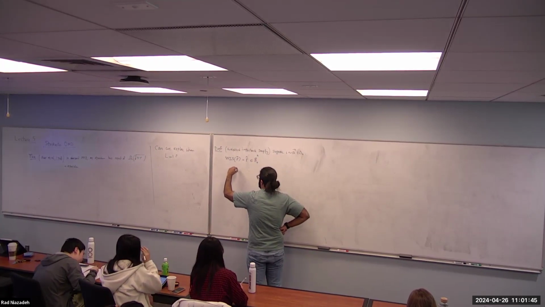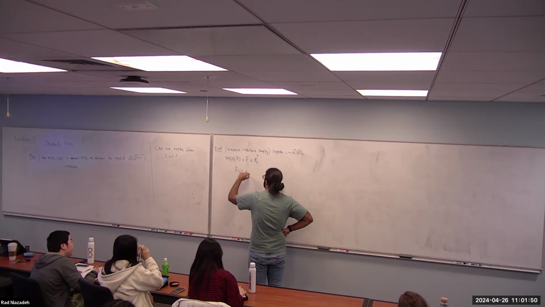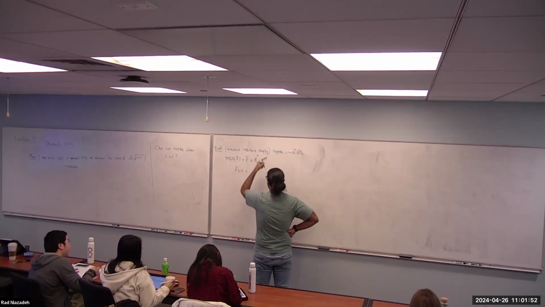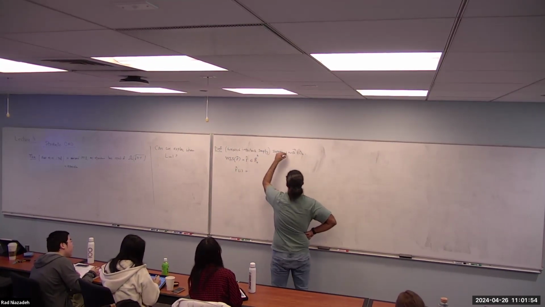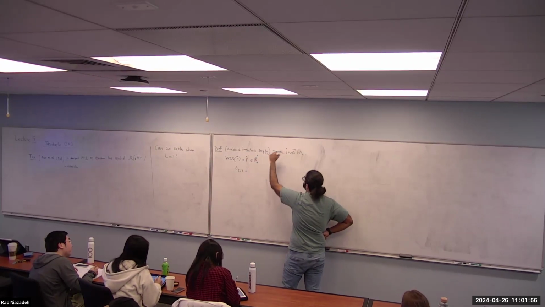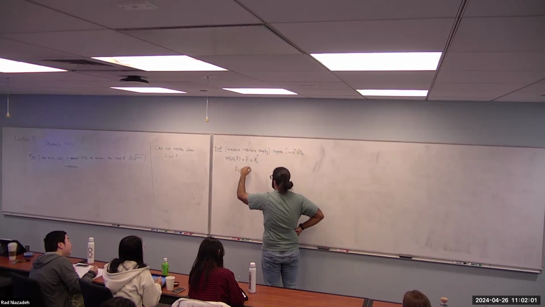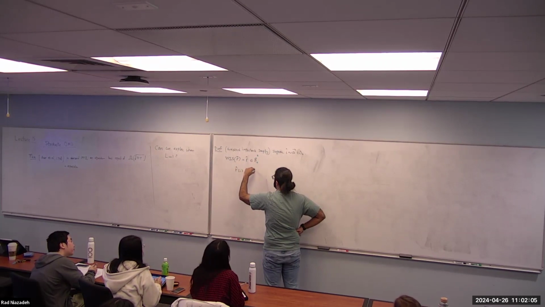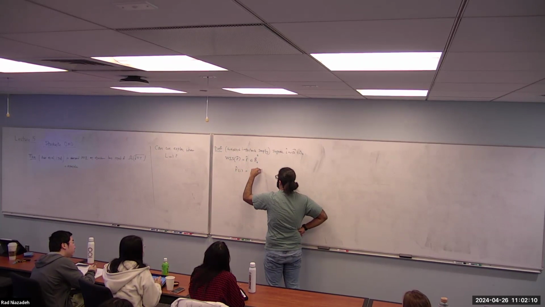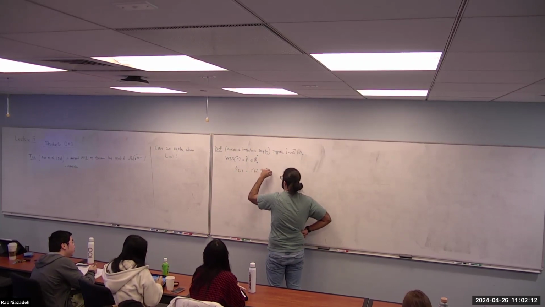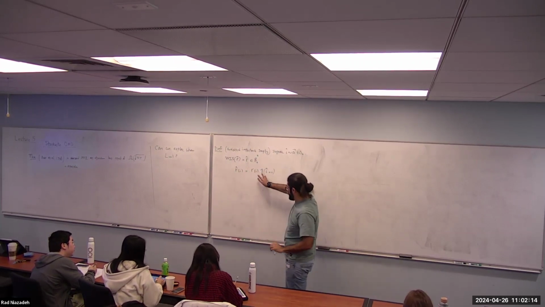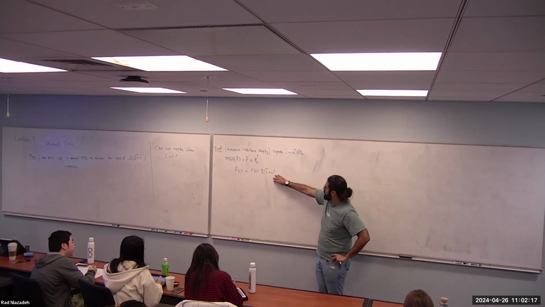Then R hat of I is defined the following way. It's going to be equal to basically the reward that you get from this exploration, R of I times the indicator that I hat is equal to I, but there is a term that I need to write.